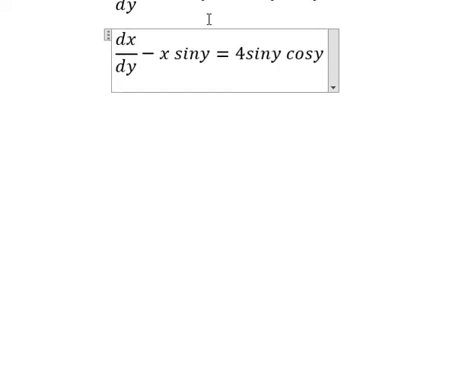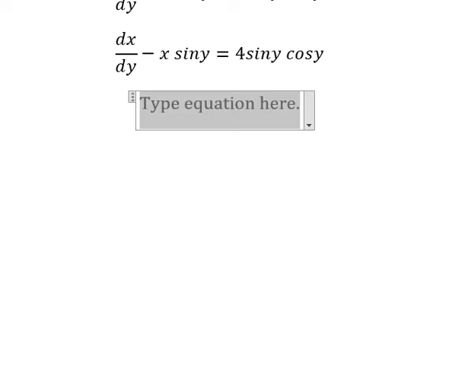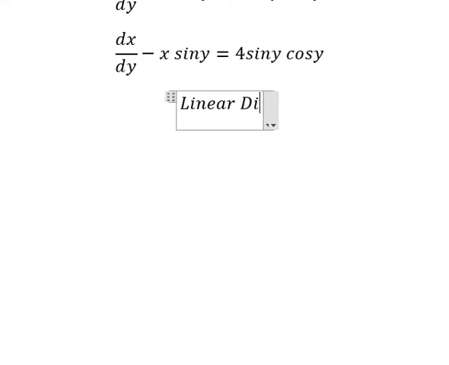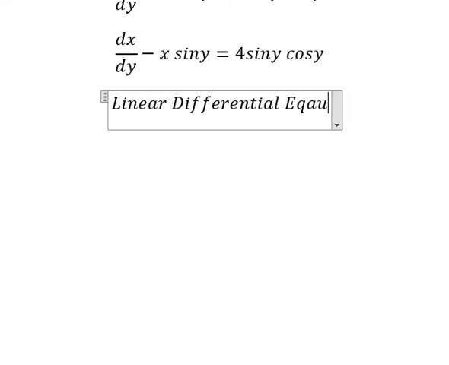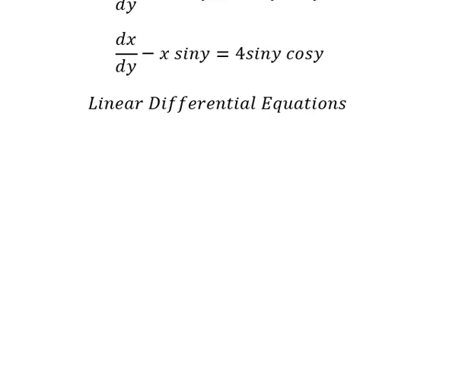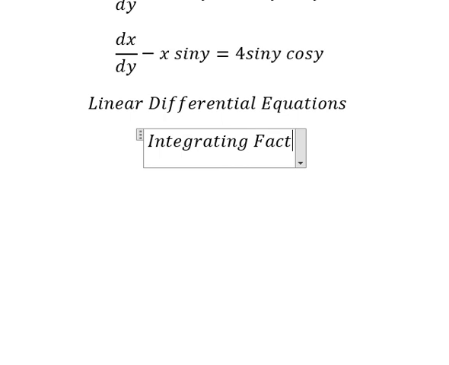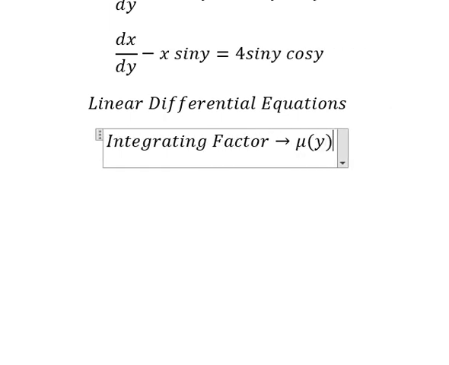Next, we have s and the first derivative of s, that is a linear differential equation. So in this one, we need to use an integrating factor. So we need to find mu of y in here.